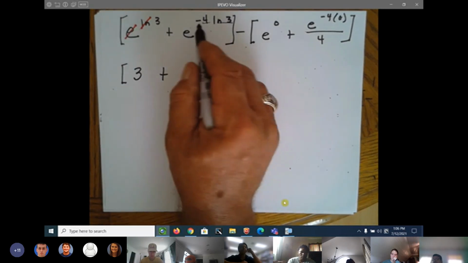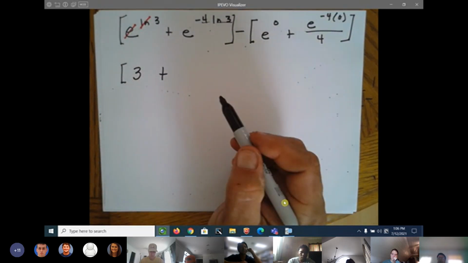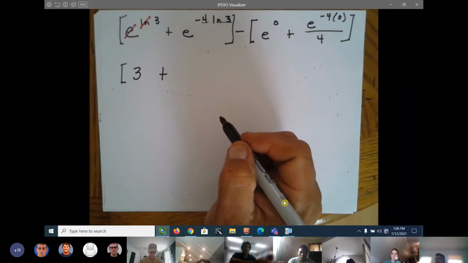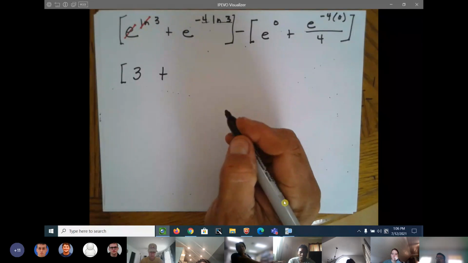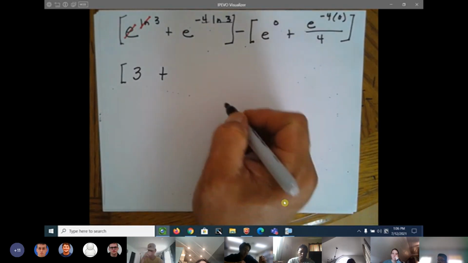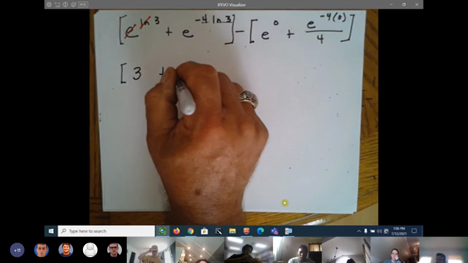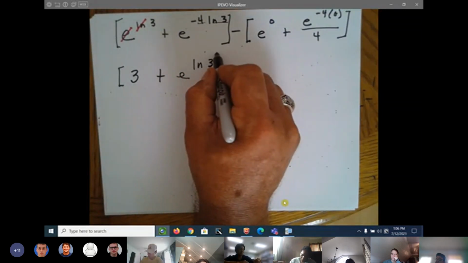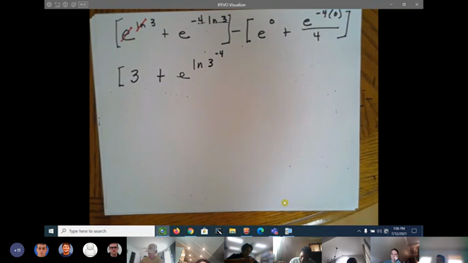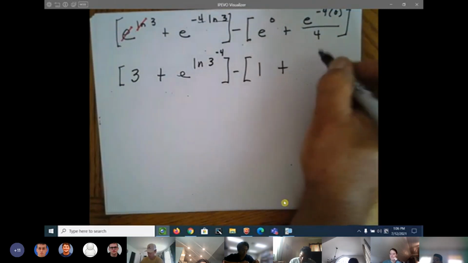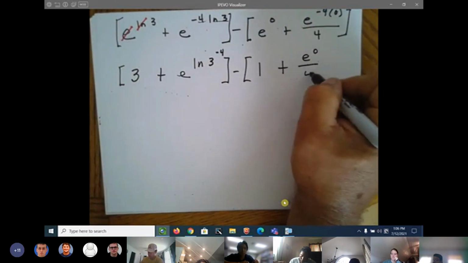You can do something with the negative 4. Think of your logarithm properties. Can you bring it down below the 3? Not below the 3, but above the 3. And what rule is that? That starts with a P. Power rule. e to the natural log of 3 to the negative 4th power minus 1 plus e to the 0 over 4.